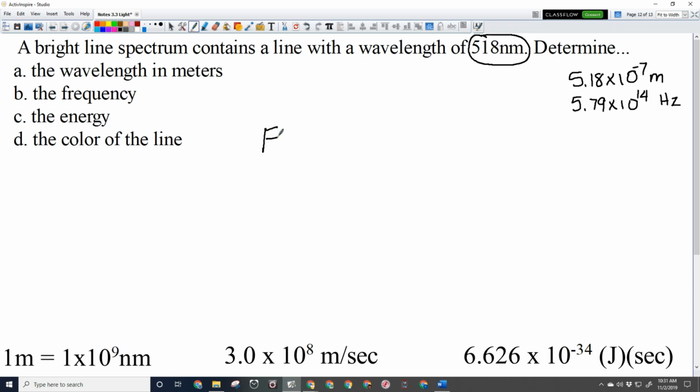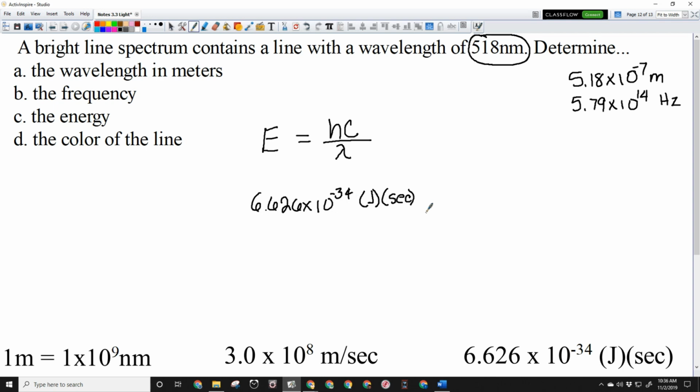So the formula for energy is E is equal to Planck's constant, you hear my dog whining, times the speed of light over the wavelength. We're going to multiply this by the speed of light, which is 3.0 times 10 to the 8th meters per seconds.